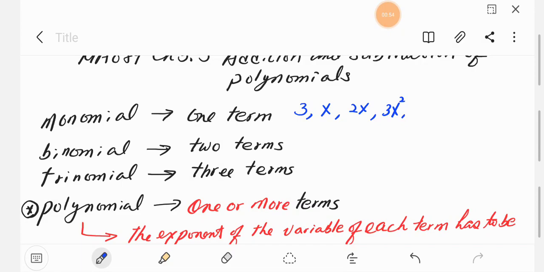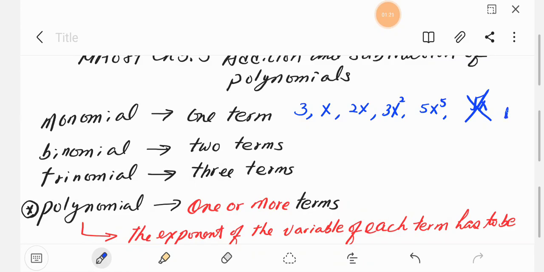So anything with a constant coefficient and a variable, but the exponent of the variable has to be a positive integer, so fifth power, something like this. This is a monomial, but how about the square root of x? No, this is not a monomial because the exponent of the variable x is not a positive integer.